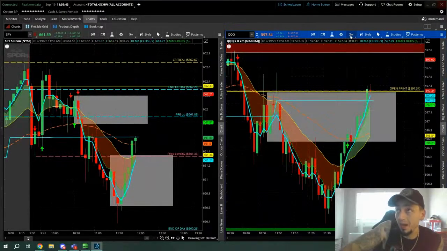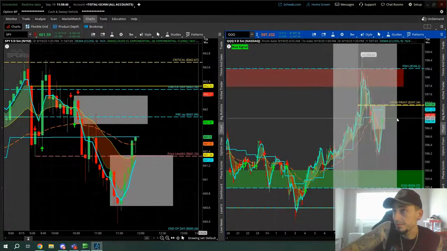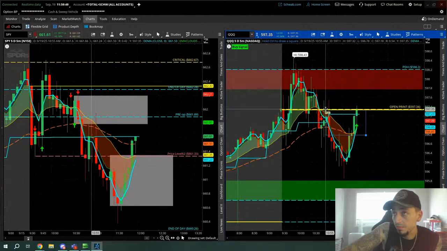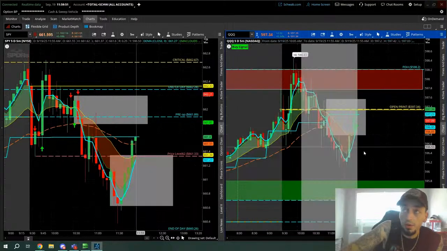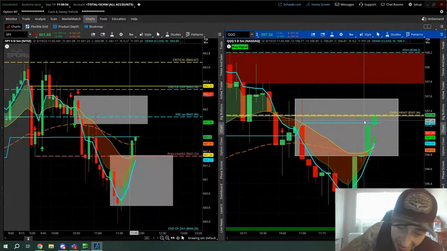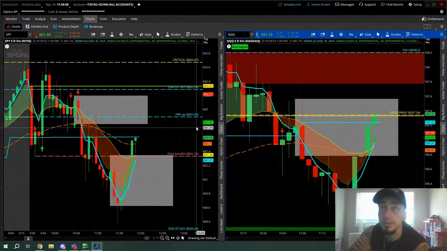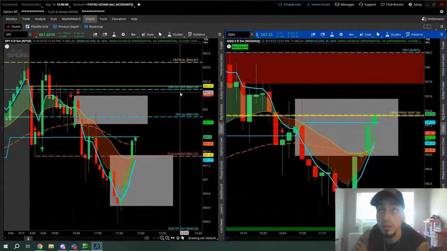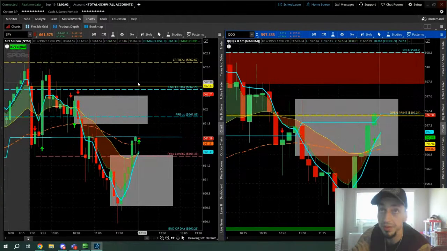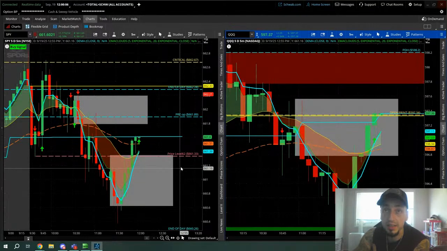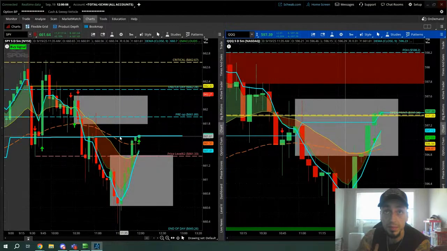I'm debating what I want to do here. The only thing that sucks is how big this zone is. Yeah, Beckwith, you're 100% right. 6616. Right here.